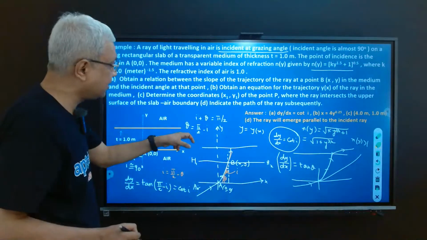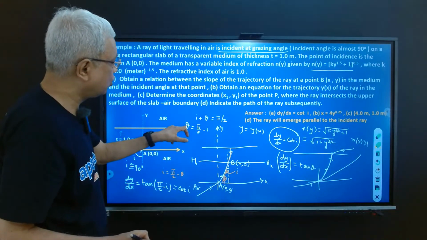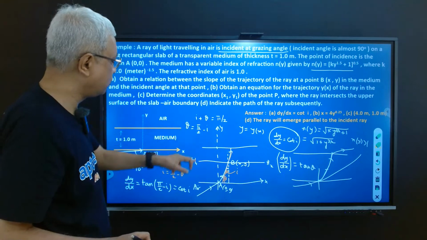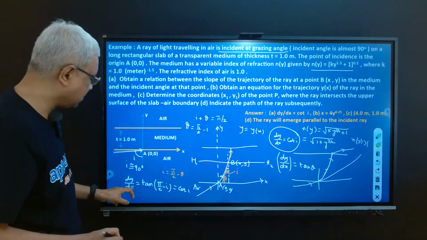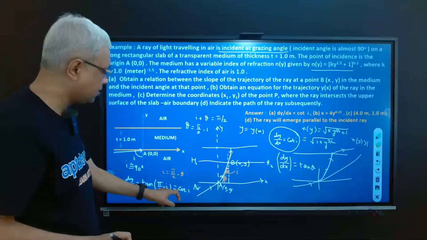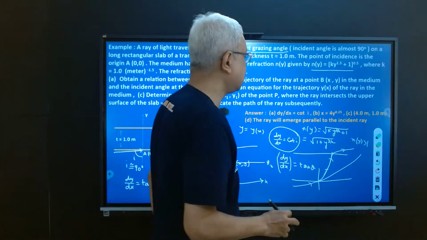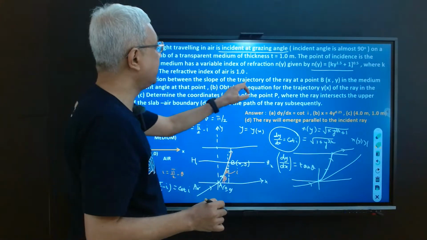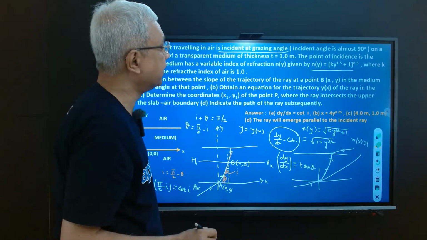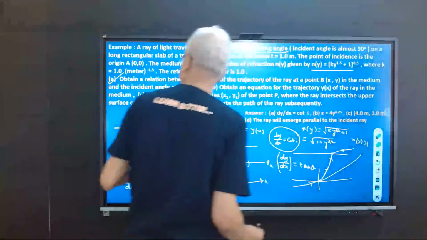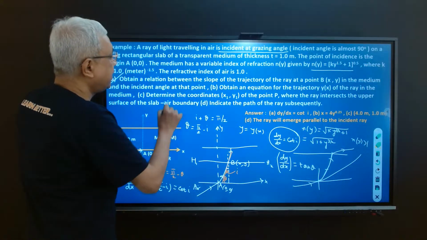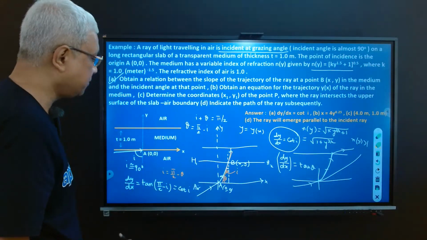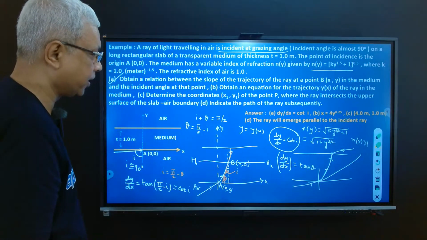But theta and I are related by theta equal to pi by 2 minus I, and therefore dy/dx equals tan(pi by 2 minus I), which is cot I. So this is the first relation: obtain a relation between the slope of the trajectory of the ray at a point B(x, y) in the media and the incident angle at that point.